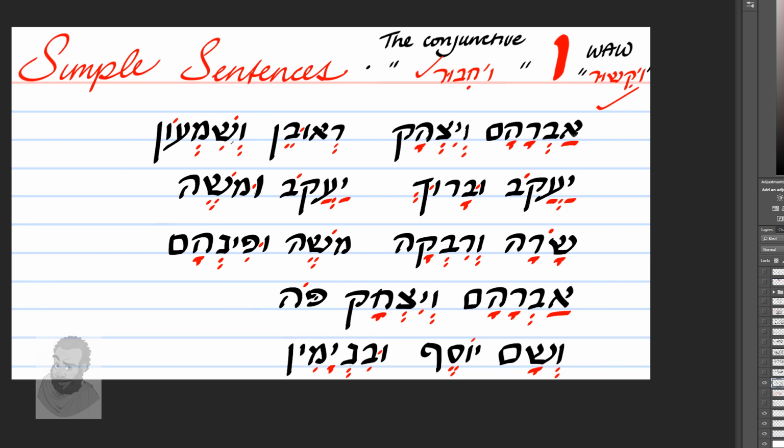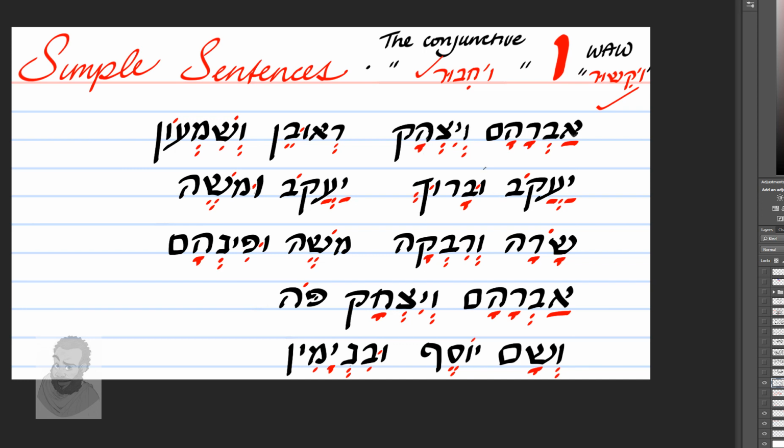Reuven ve-Shimon. This is Reuben and Simeon. I know the cholem here is not on the left side, but that's how it is in Hebrew. So not Simon, but Shimon. Remember the shva, and then you have the hirik here, so it makes it a short vowel. So ve-Shimon. Reuven ve-Shimon. Avraham ve-Yitzhak.